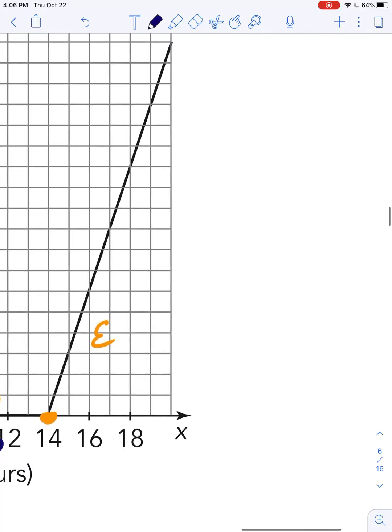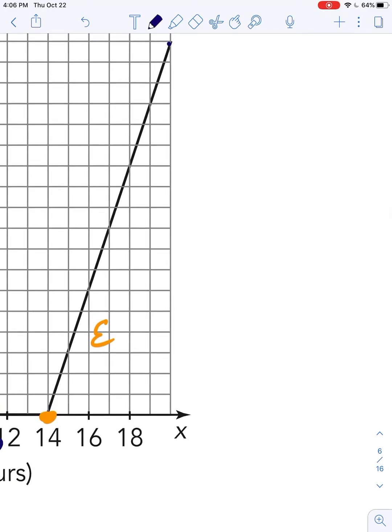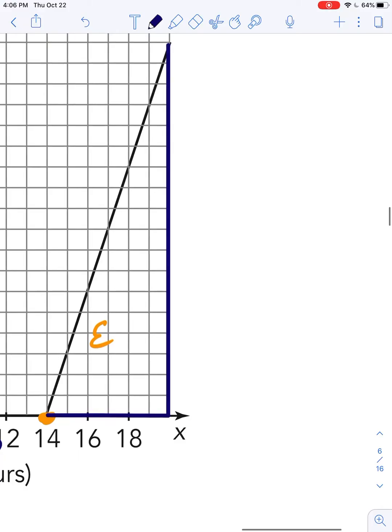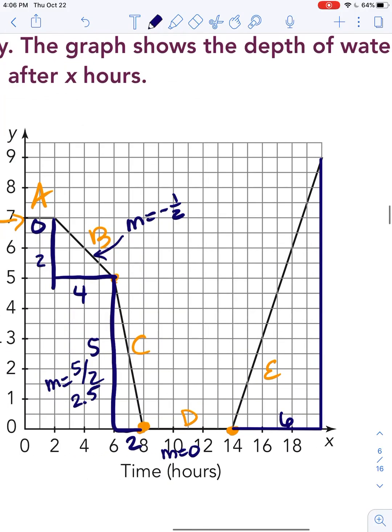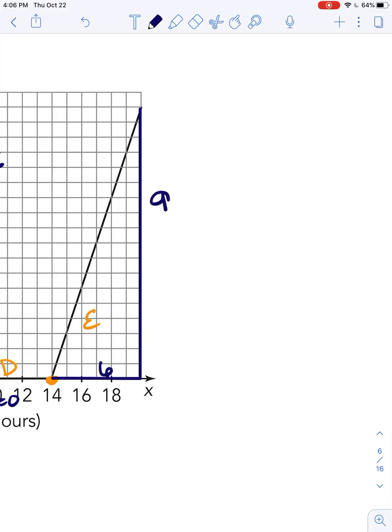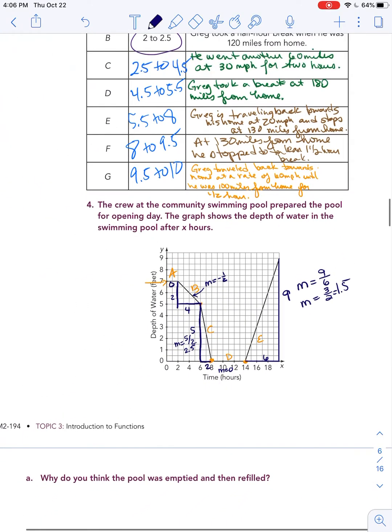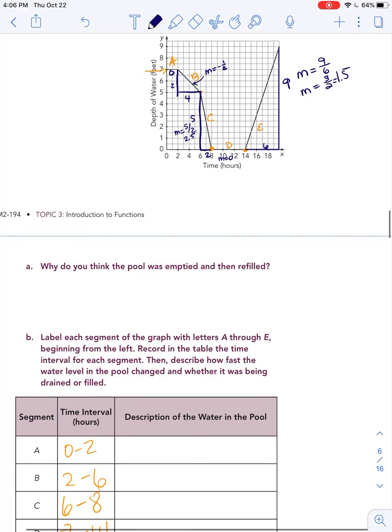And then this one, okay, so it goes from 14 to 20, so that's 6 across, and this goes from 0 all the way over to 9. So the slope on this is going to be 9 over 6, which is 3 over 2, which is 1.5. Okay.